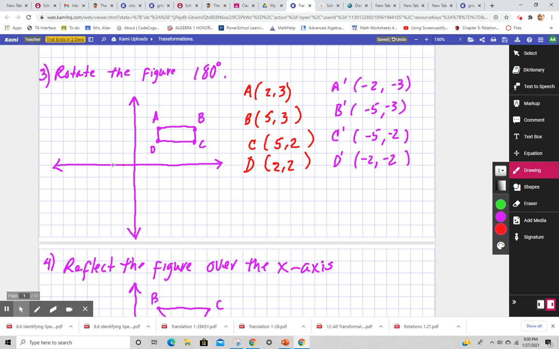C prime, -5, 1, 2, 3, 4, 5, and down 1, 2. C prime. D prime, 1, 2, -2, and then down 2. D prime. And that's it.